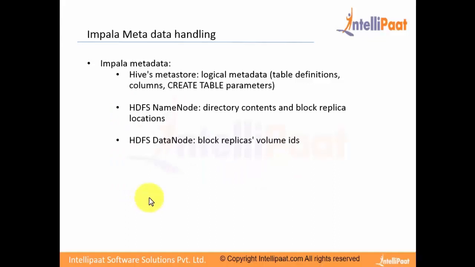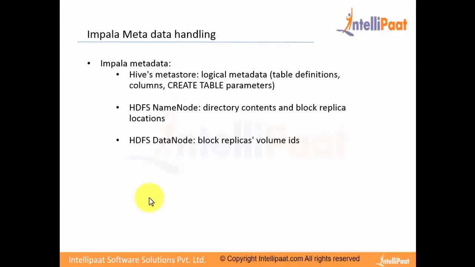We discussed that Hive and Impala share the metadata across themselves. One of the RDBMS engines, for example MySQL or PostgreSQL, will be used to store the metadata. It can be the table definitions, the columns, the create table parameters, which constitute the logical metadata.